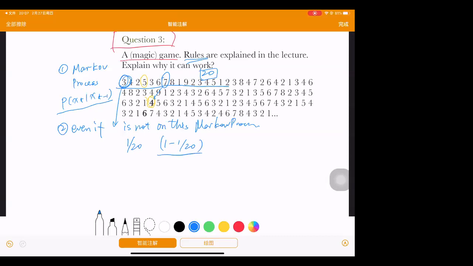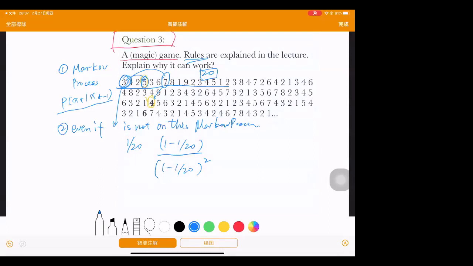That means it's like you're choosing a random number. The next time, if it's not on the chain and you jump to another one, again it's like you're choosing another possibility of not being on this Markov chain. So the probability becomes (1 minus 1 over 20) squared.